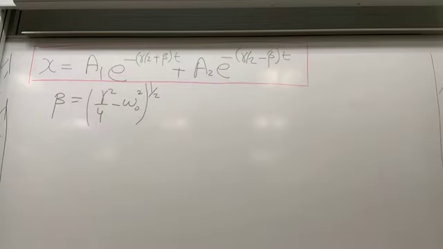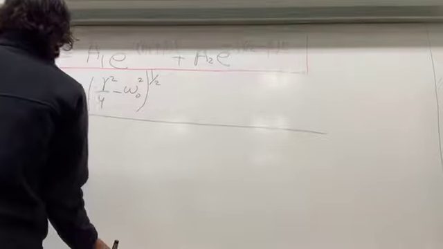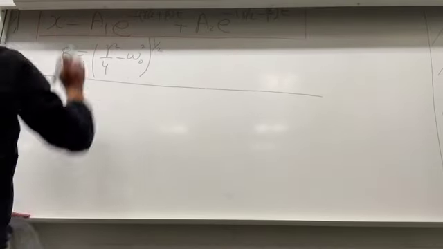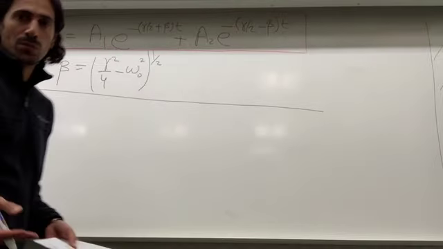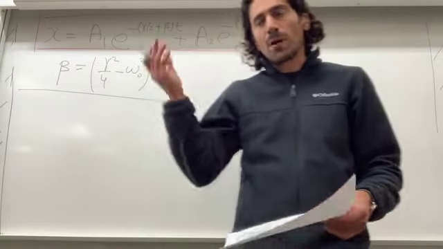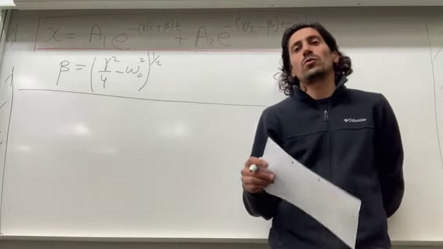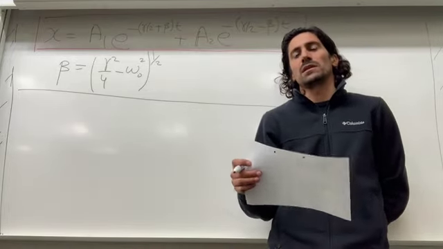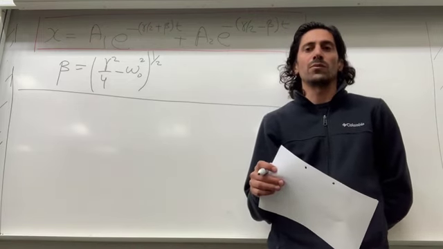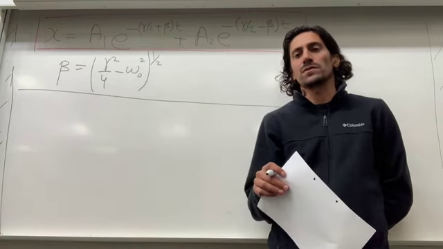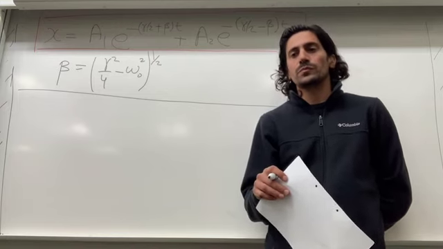The last possibility is that, so we looked at what happens when omega 0 squared is dominating. You can think about it in terms of the physics. If you have the spring omega 0 squared, that would be that the spring force is actually dominating over the resistive forces, and that would be the underdamping.